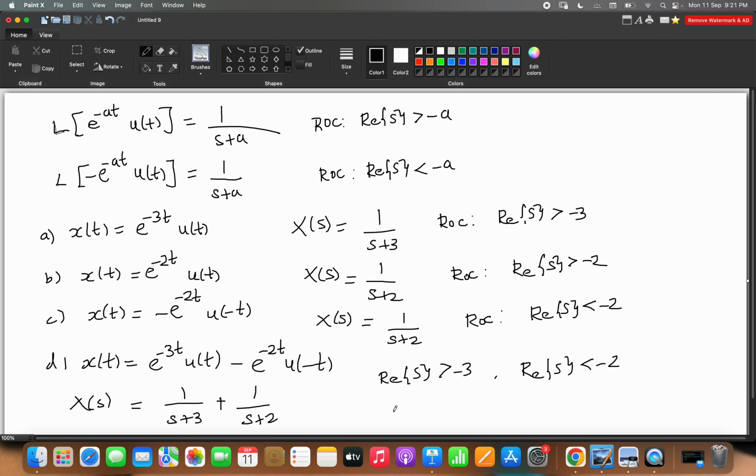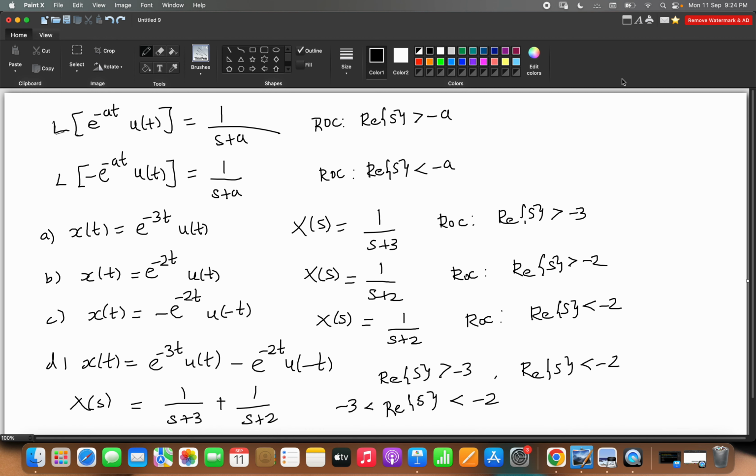So the combined ROC can be obtained by merging the two ROCs. So real part of s is greater than minus 3 and lesser than minus 2.